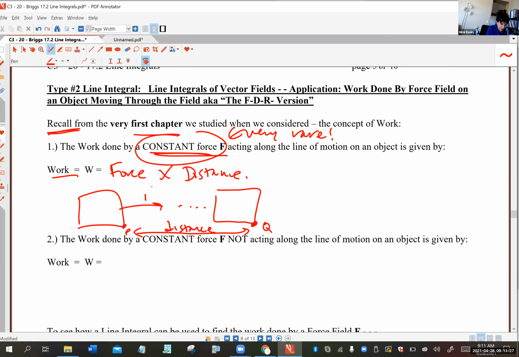And if the force is constant and acting along the line of motion, again, that's rare also, then this is just going to end up being the magnitude of F times the distance, and the distance would be the magnitude of that PQ vector if you obtain the vector for PQ, okay? But this formula only works if F acts in the line of motion.